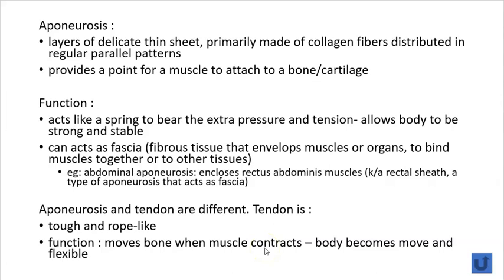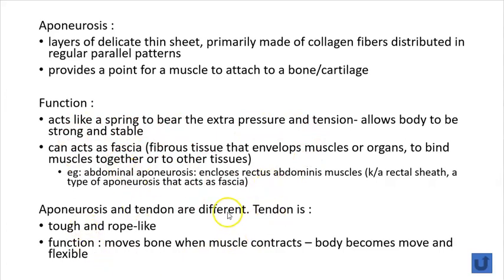Basically, daripada muscle tu tadi, nearing the insertion site, it becomes a thin sheet of collagen fiber layer to provide attachment of the muscle, biceps brachii in our case. Function here, you can read by yourself.